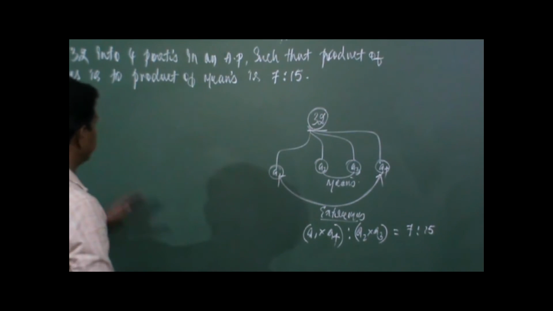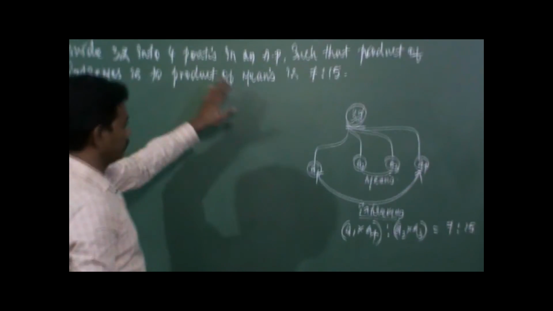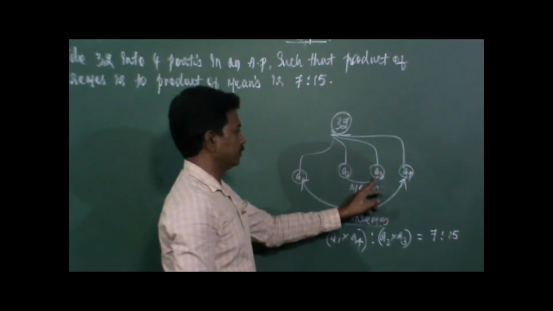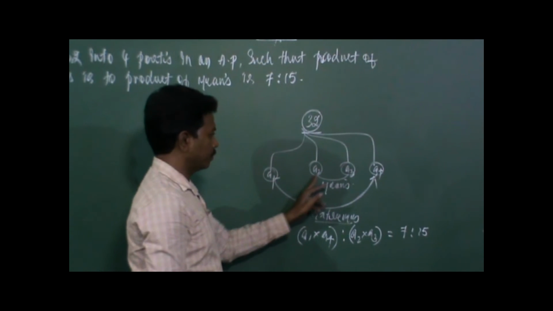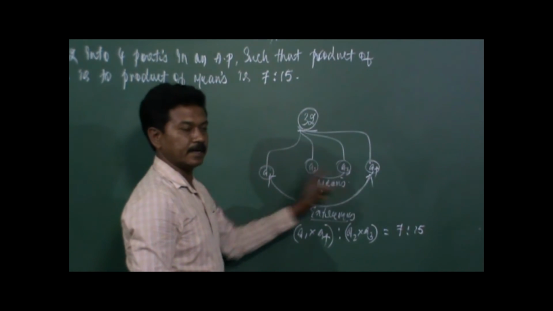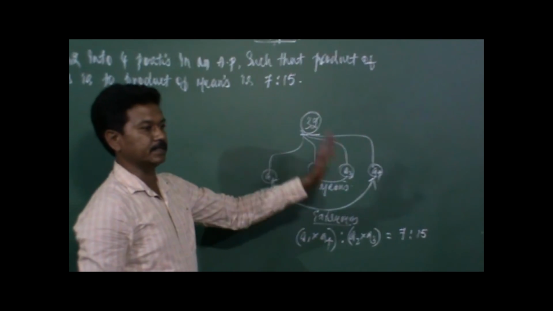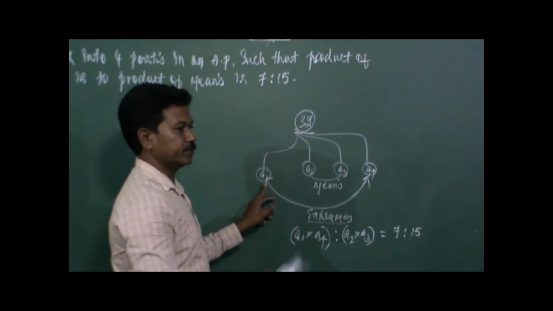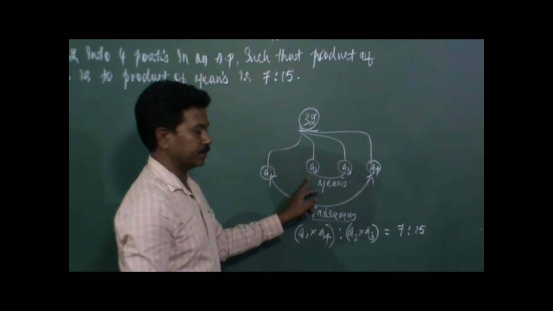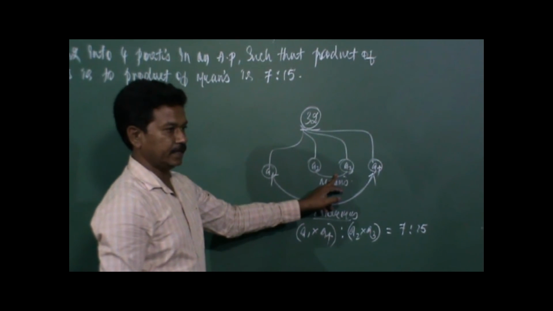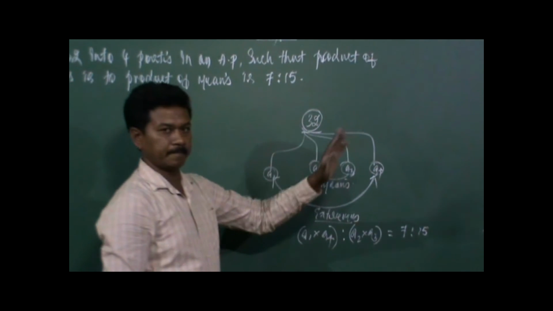Once again, I will repeat: divide 32 into 4 parts, and these 4 parts should be in AP, in the sense A2 minus A1 should be equal to A3 minus A2, and that should be equal to A4 minus A3. Then the 4 parts will be in AP.